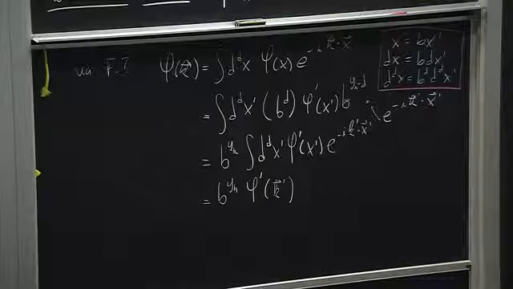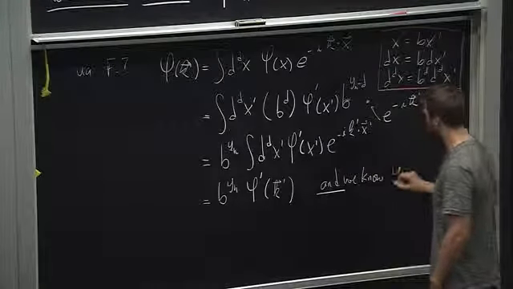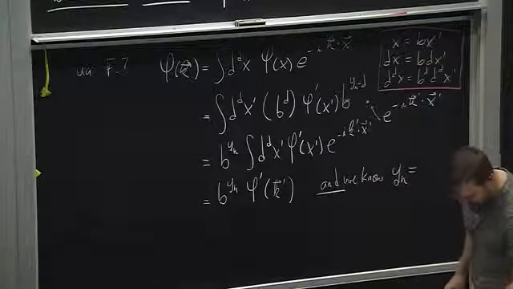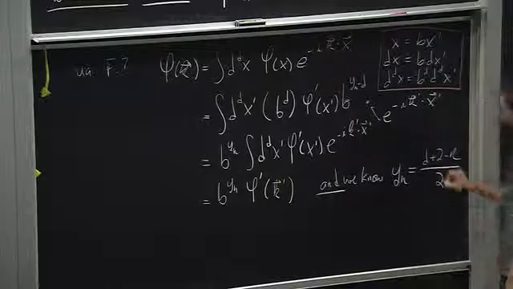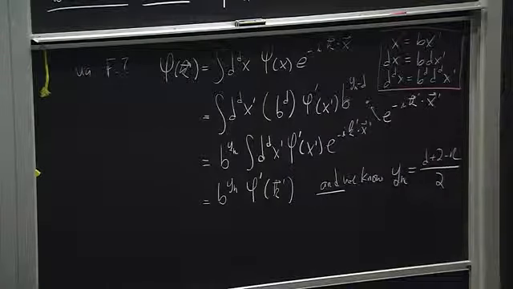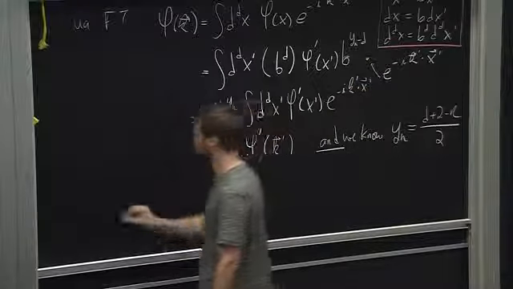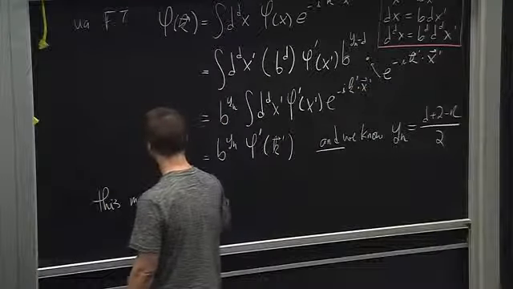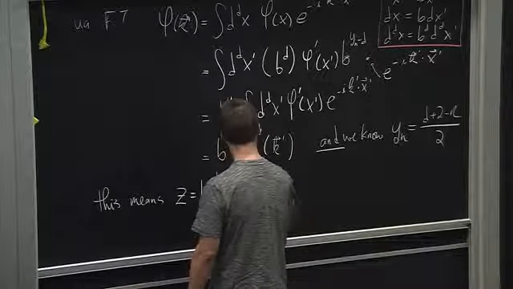And you know what that is. We argued the form of YH in last class and how it relates to the anomalous dimension and everything. d plus 2 minus eta over 2. Okay, so that means our z is b to that scaling dimension. Let's do minus eta over 2.